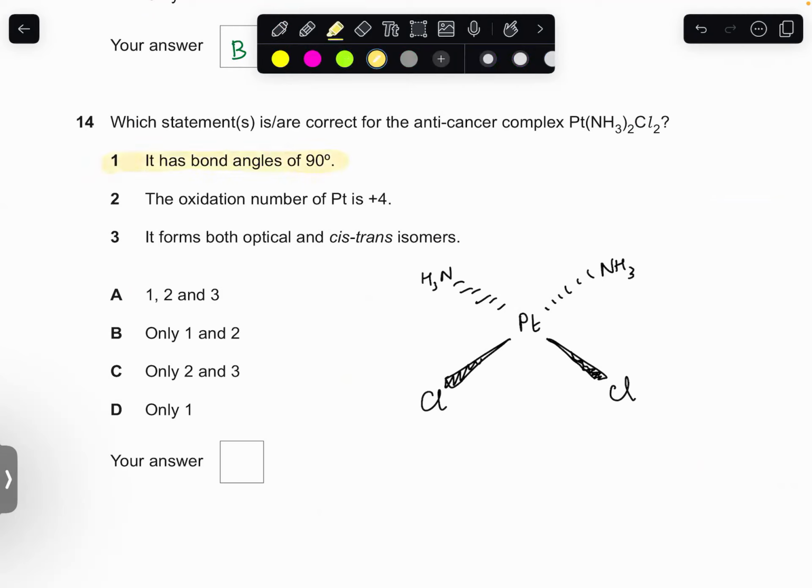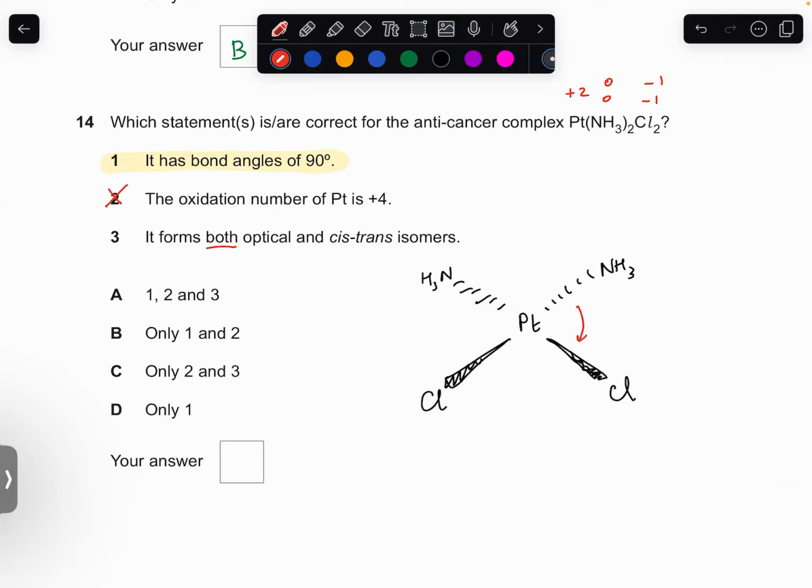The oxidation number of platinum is +4. Let's check that. Chloride ion is -1, -1. Ammonia is 0, 0. Platinum must be +2. So no, it's not going to be 2. And the third one, it forms both optical and cis-trans isomers. It can form cis-trans isomers.